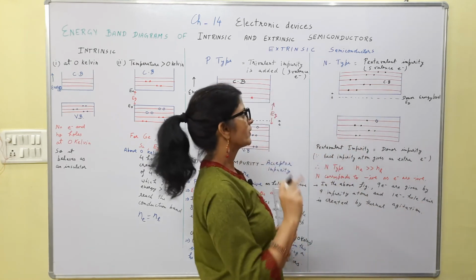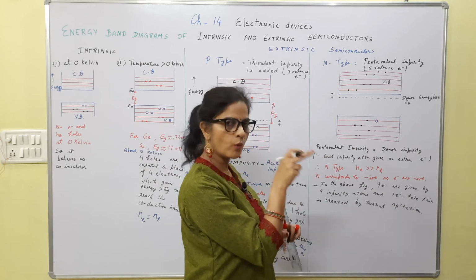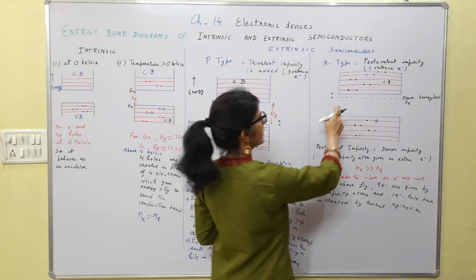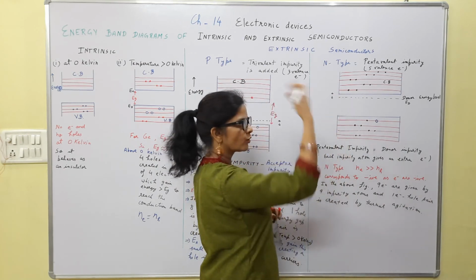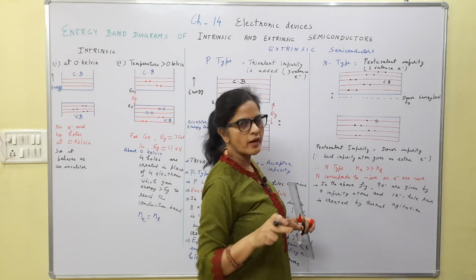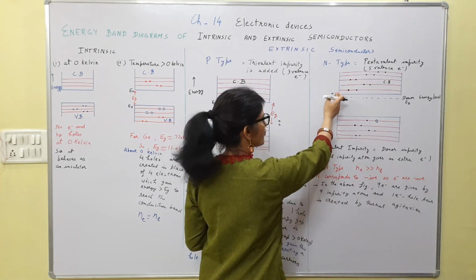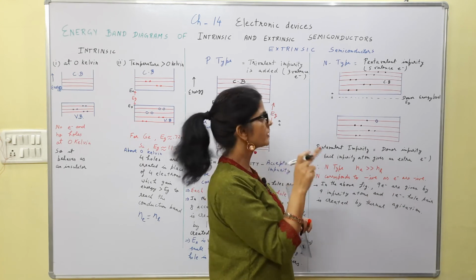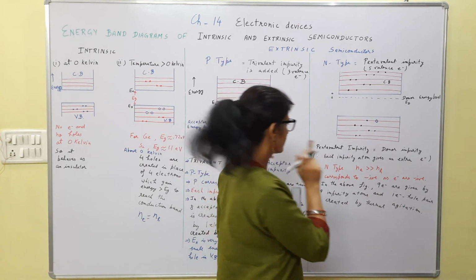And we know that the energy required to free this fifth electron is very small. So that's why the energy required to cross this very small gap is very small, since the fifth electron is loosely bound to the donor atom.